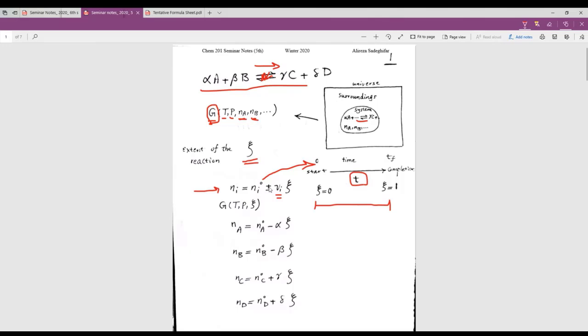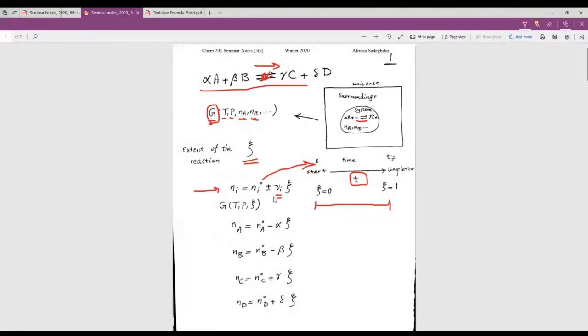It is used for products because products are produced during the reaction. Whatever you had at time 0, if you produce more and more of, for example, C, then it gets added to its initial value, so it is a plus. For the reactants, we must use a negative sign.